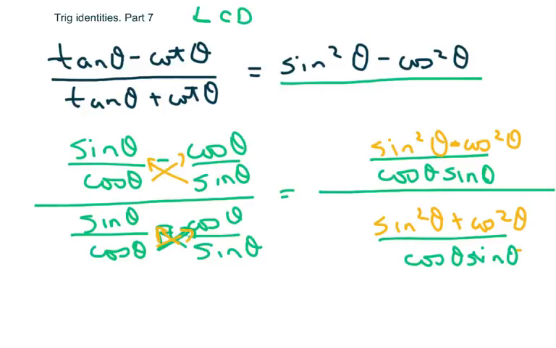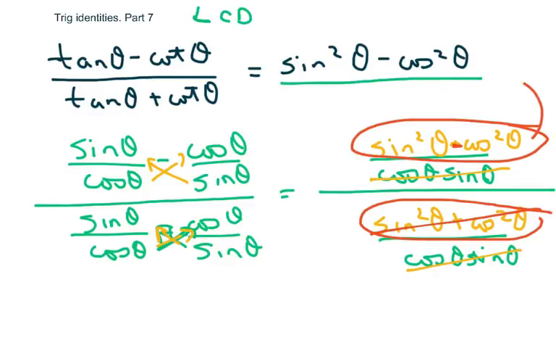So basically these two cancel, just based on rational equations. Sine squared plus cosine squared equals 1, so that cancels out. We have sine squared theta minus cosine squared over 1, which equals that. So we've got our answer here, and it matches up.